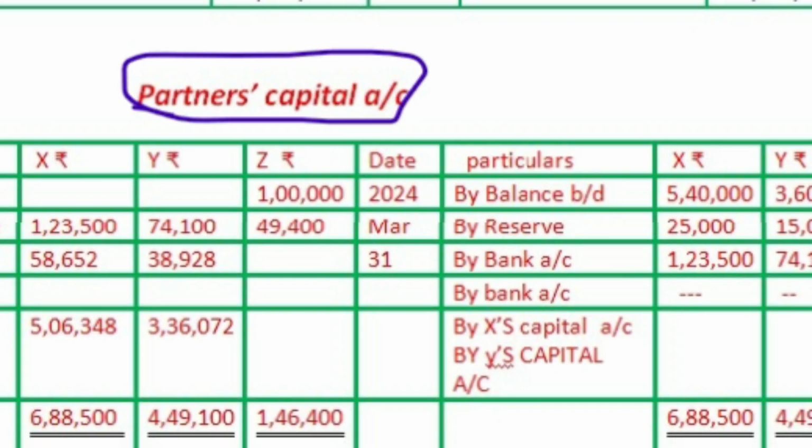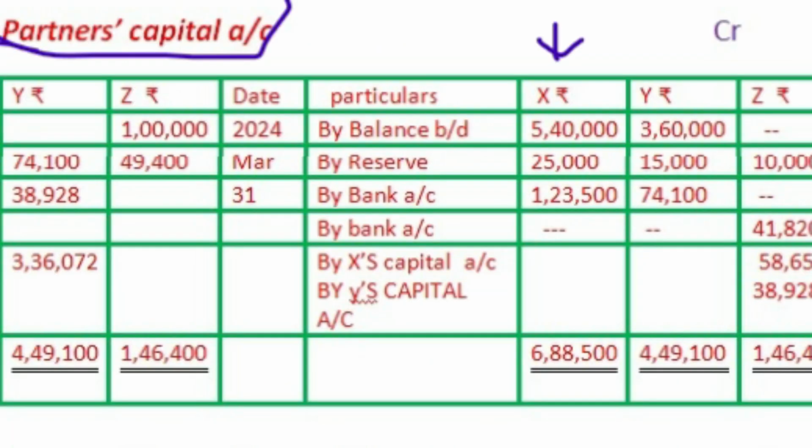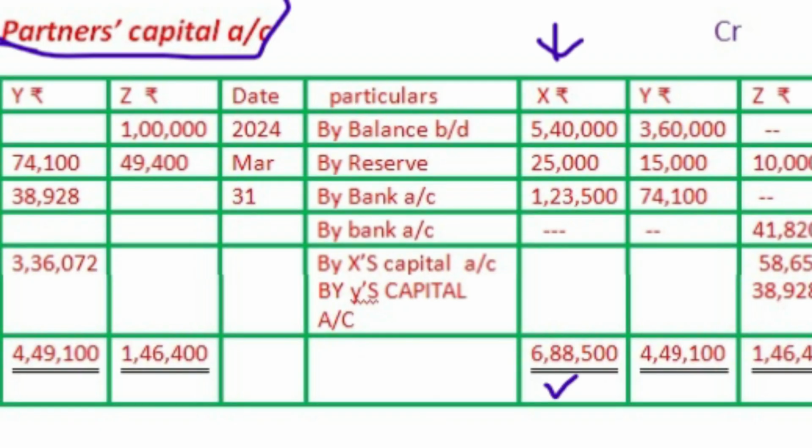Balancing the partners' capital accounts, let us first balance the X column and then Y. So 5,40,000, 5,65,000, then total 6,88,500, and the credit side is greater.